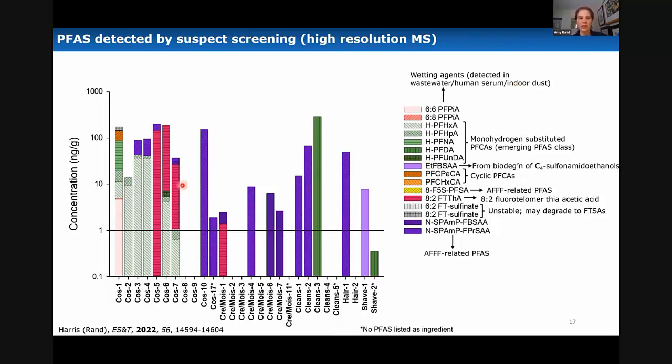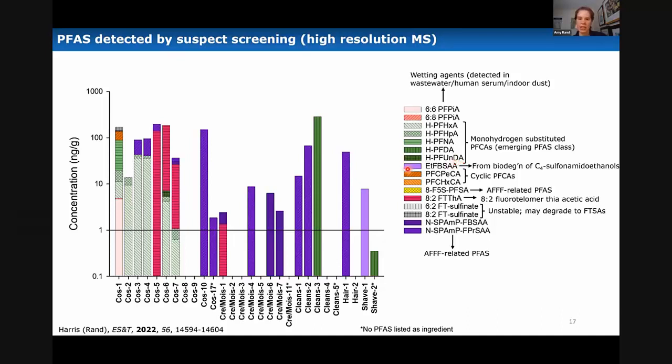Another interesting result here is that we also detected several monohydrogen substituted PFCA compounds in many different product extracts. These are an emerging PFAS class, considered one of the replacement options for PFCAs like PFOA.